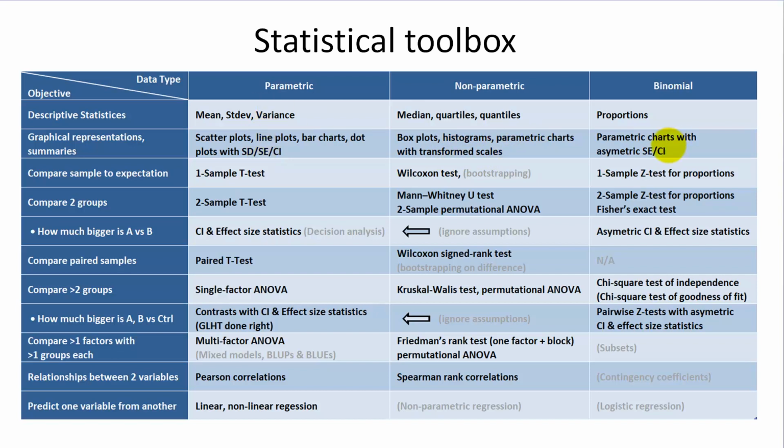And for the binomial data, you can also use most of the parametric ones, except that your standard errors and confidence intervals will not be symmetric. It's quite easy to imagine: if you have, for example, a value of 0.9, your confidence interval is not going to be symmetric because it bumps against the 1, so it can't get larger than 1 at one end, and it can't get smaller than 0 at the other. So they're bounded by those limits for proportions.